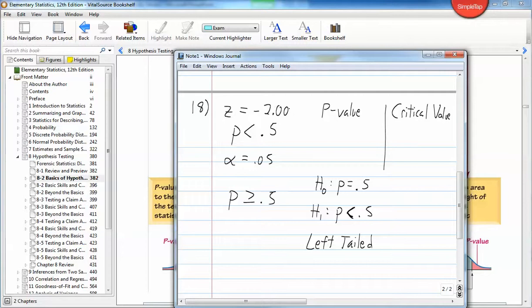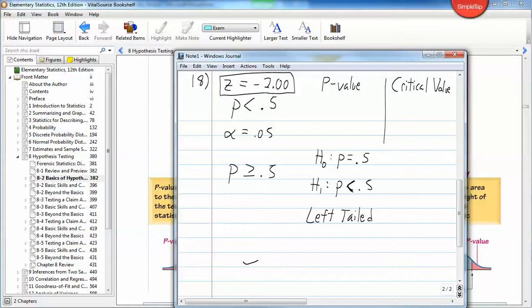So our test statistic was given as z equals negative 2.00. All right, so we want to know, if this was under a bell curve, we had our bell curve with all of our data. It's left-tailed, so somewhere over here we have a z of negative 2.00. We want to know, what is this right here? And then our p-value is going to be the area of that region.